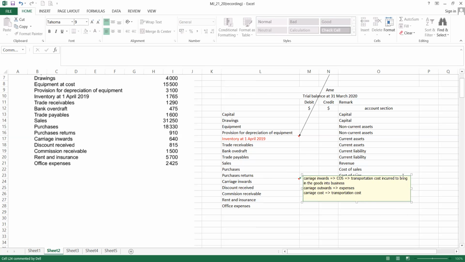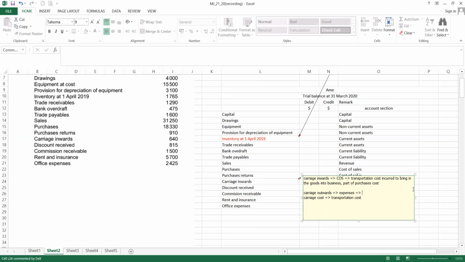That's why it's part of the purchase cost, and the reason why it's sitting under cost of sales. Whereas carriage outward is an expense.